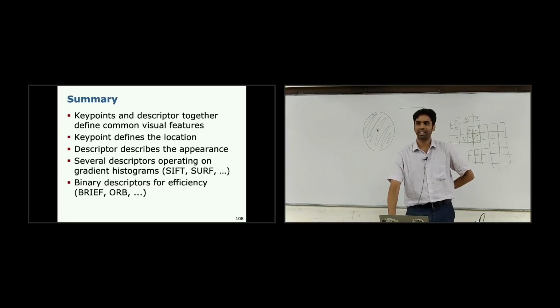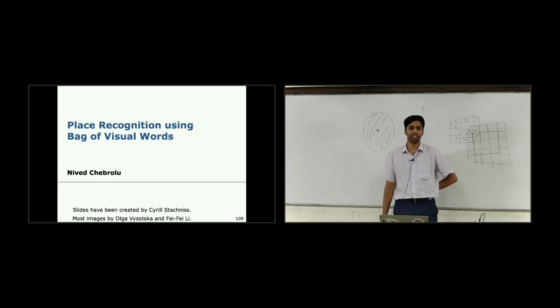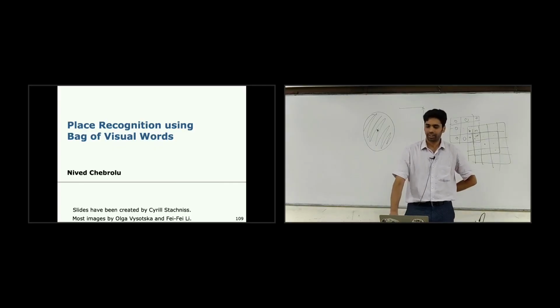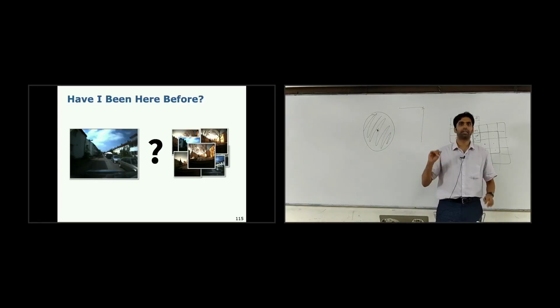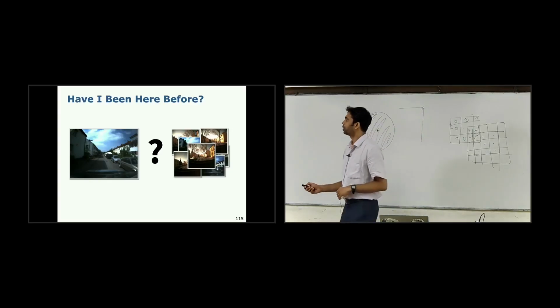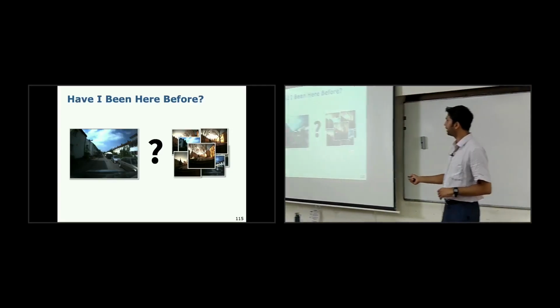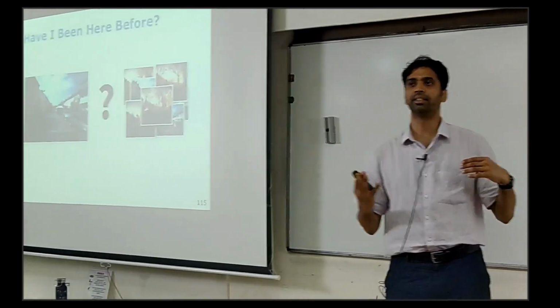So the next bit is how do we do place recognition using the tools that we saw. I come back to the image that I had shown before. The problem of place recognition is as follows. You have a database of images from, let's say, your past experiences.